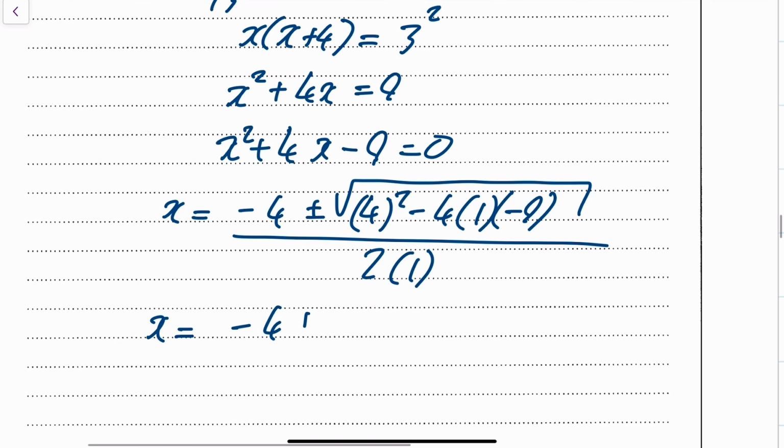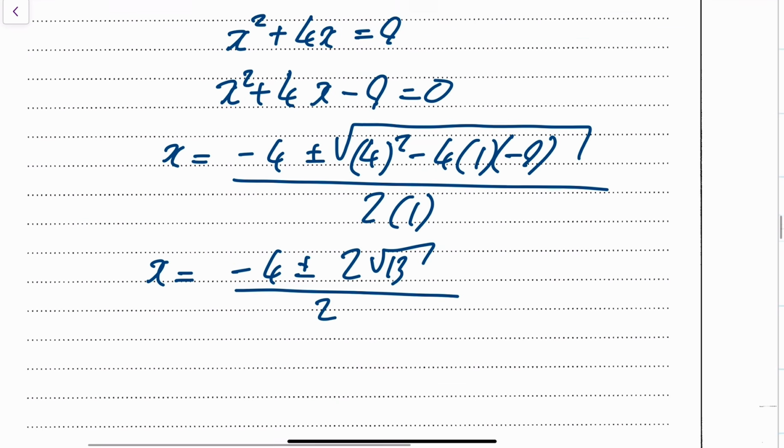Tidy that up, that's minus 4 plus or minus, what's that going to be, 16 plus 36. Let me just check that. 16 plus 36, 52, the square root of 52 is, yep, that is right, that was 2 root 13 I was getting there, over 2.